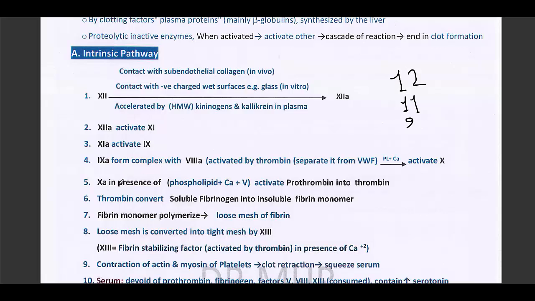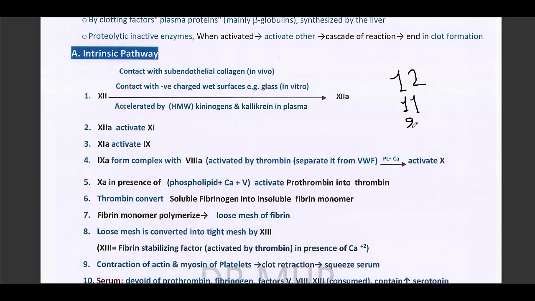Then factor 9A forms a complex with factor 8A, activated by thrombin and separated from von Willebrand factor, and activates factor 10.